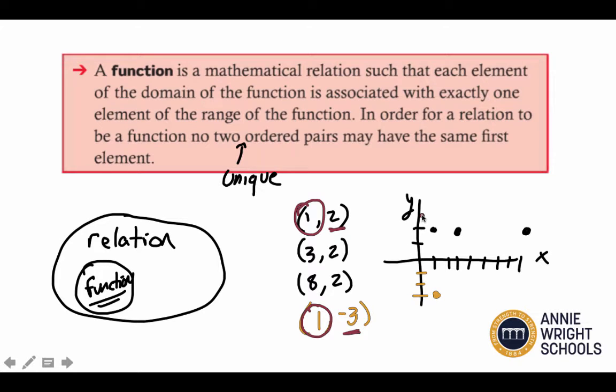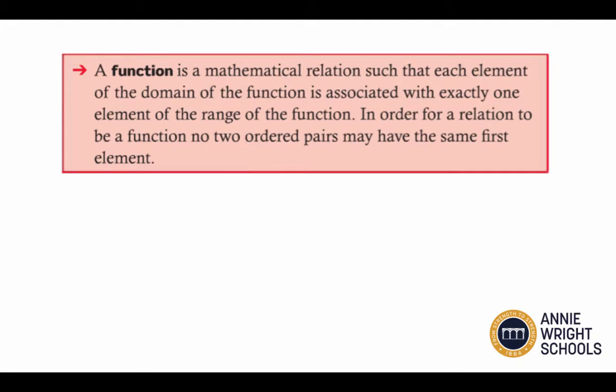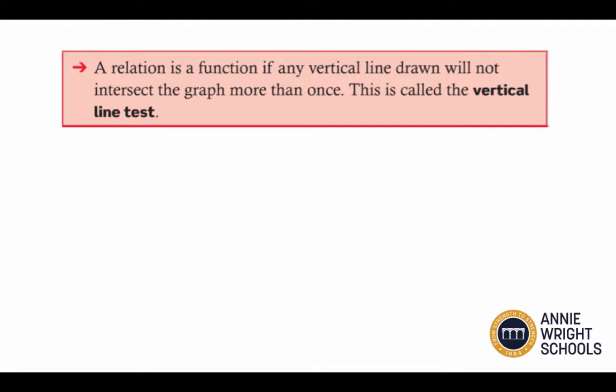A really easy way to test graphically if you have a function, if you're looking at a graph of a relation, is to use what's called the vertical line test. So that idea of one x value going to exactly one y value, if that were not true, then you would be able to draw a vertical line that would hit the graph in more than one spot.